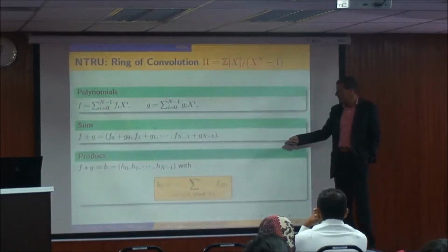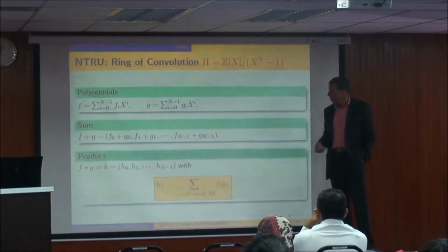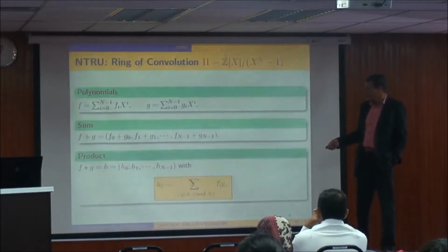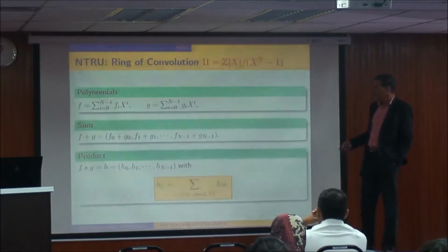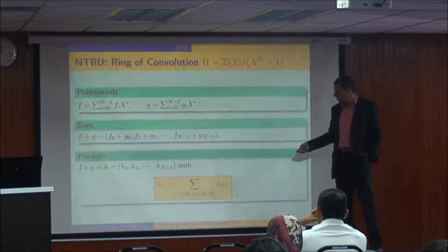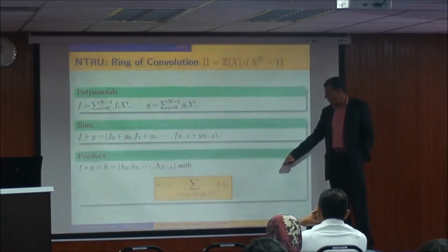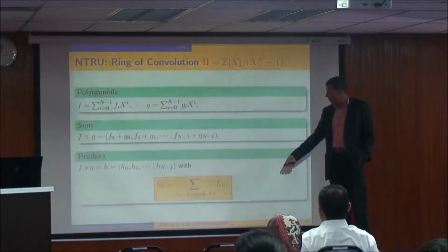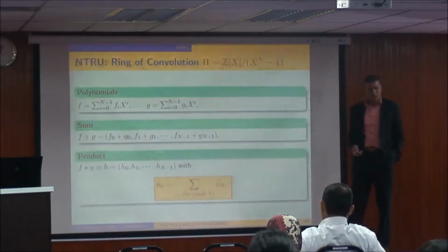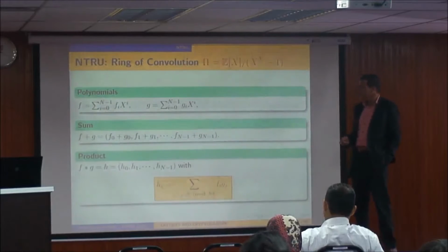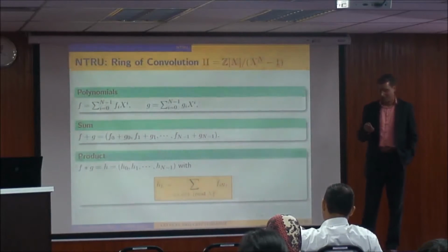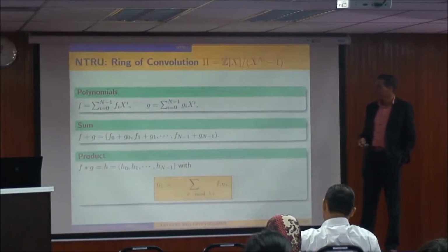This is very easy, just add f0 and g0 and so on. But the product is different, because for the product of two polynomials you need to use this congruence, since it is a convolution product. So the arithmetic is based on polynomials.